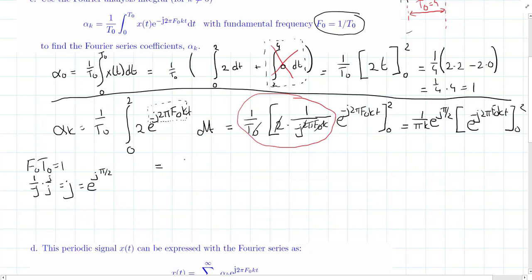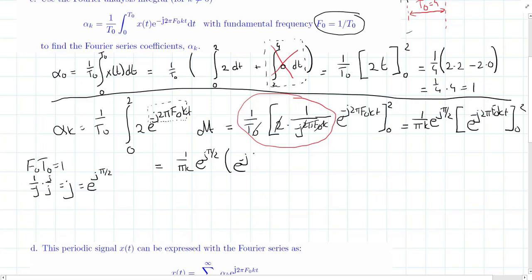So if you now were to fill these values in, 1 over pi k e to the power j pi over 2, you would end up with, if we would fill in the value of 2 for t, we would have 4 pi k minus j 4 pi k times our fundamental frequency, which is 1 over 4, so these would cancel each other out.